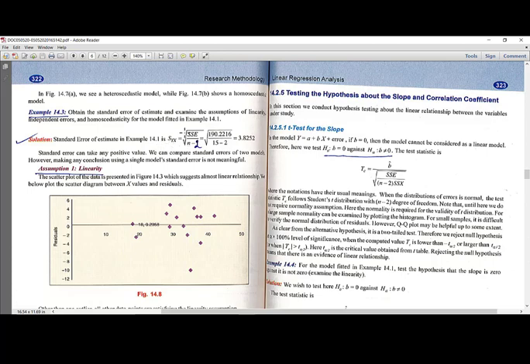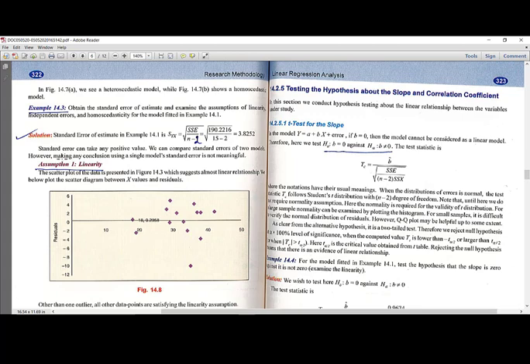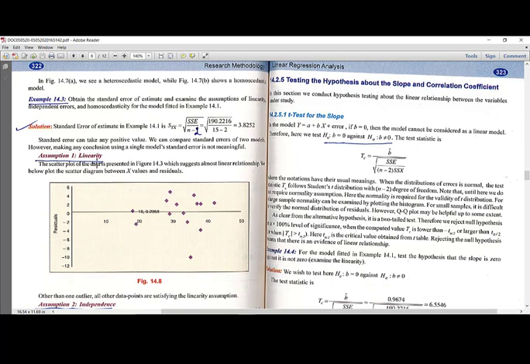SYX, that is given by square root of SSE by n minus 2. As we have already calculated SSE value, substitute here. N is 15 observations. So, standard error of estimate is 3.8252. And the standard error can take any positive value. Now, assumptions. Assumptions, linearity. The scatter plot of the data is presented, which suggests almost linear relationship.